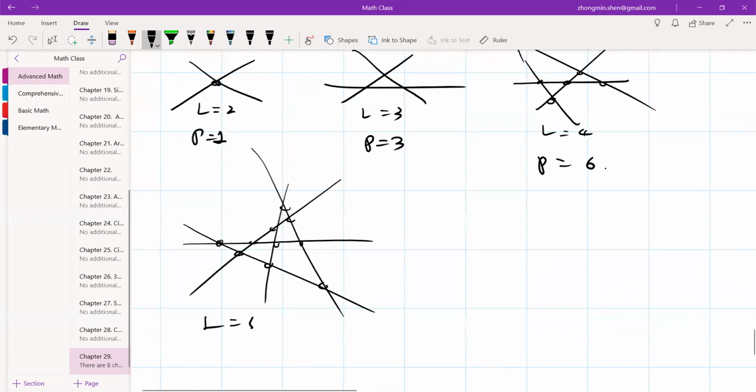So when L equals 5, P is already going to be 10, and so on. We maybe can find a formula. Do some experiments, right? So you have 1, 3, 6, 10, right?